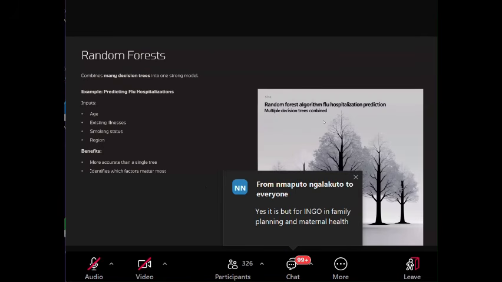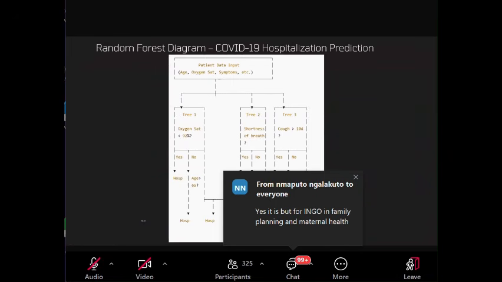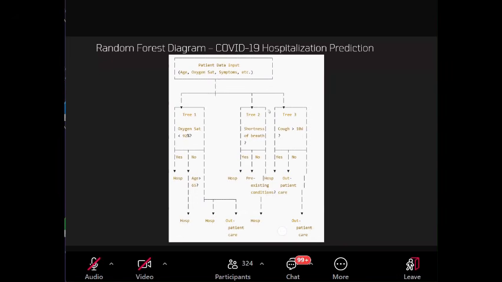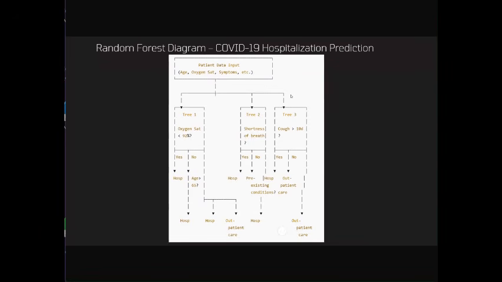So this is an example of what I mean. This is more complex than what you saw before. These random forests will help the doctor or the clinician tell how to handle COVID-19 hospitalization so that they don't get overwhelmed. So if a patient comes into the hospital, they assess the patient, and the patient has oxygen saturation of less than 92%.